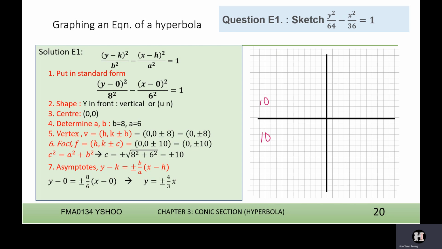Once we have put it in standard form, the next thing we want to know is the shape. Since our y is in front, it is vertical, the one that opens up and down. Then after that, our center is always (h, k).